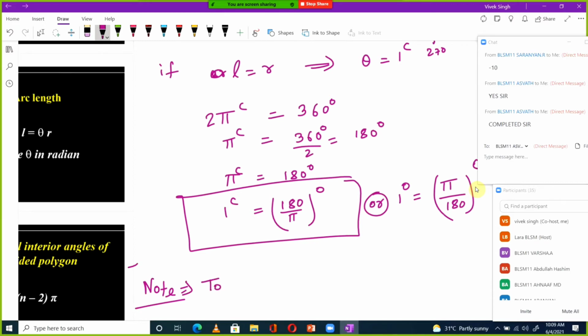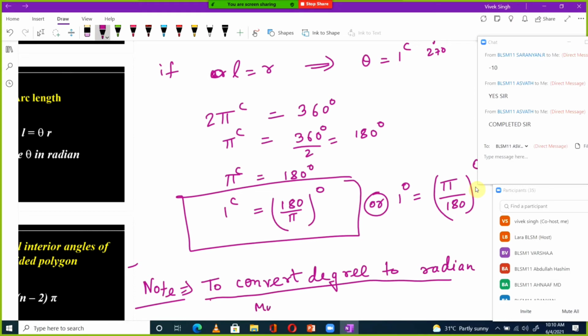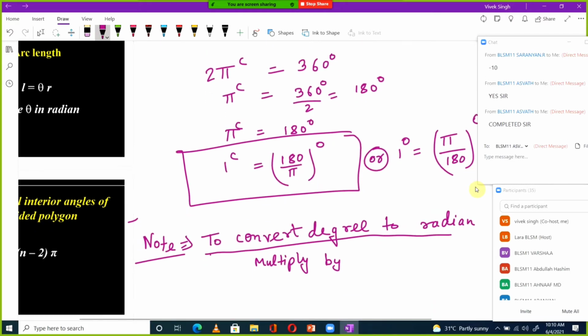To convert degree to radian, you have to multiply by pi by 180.